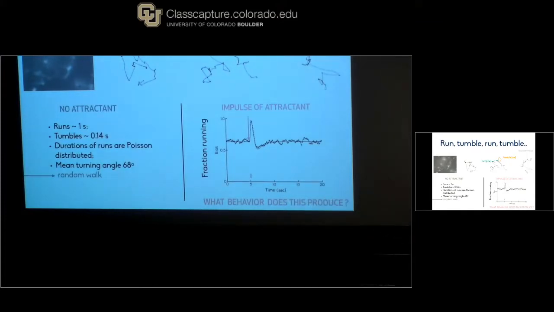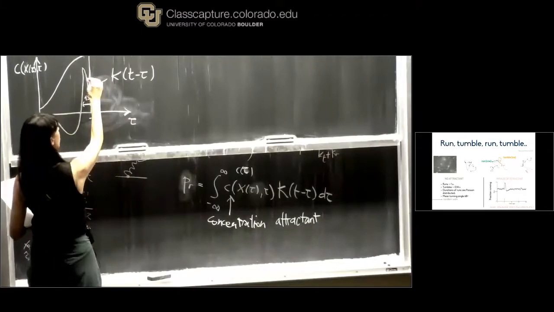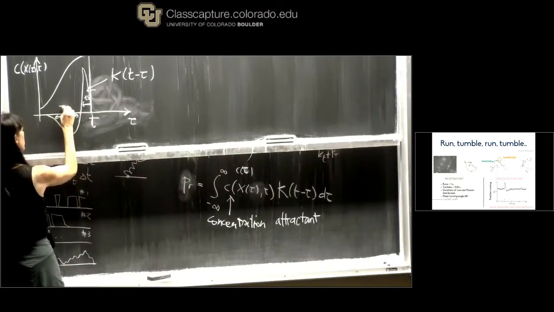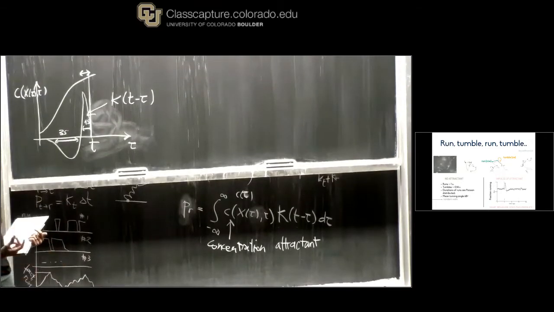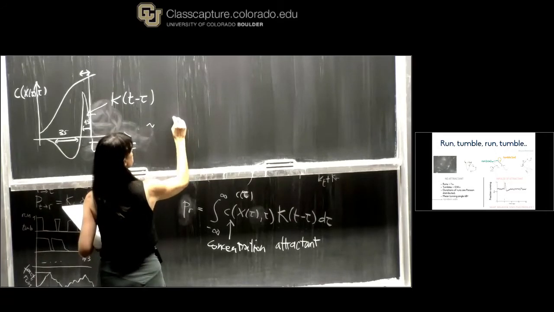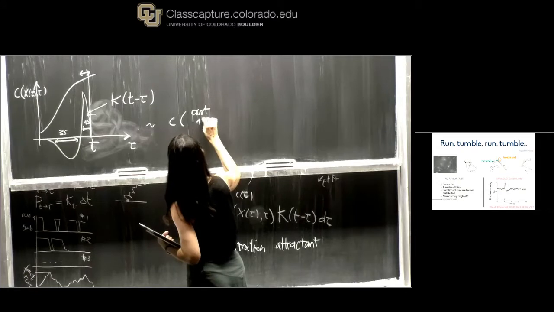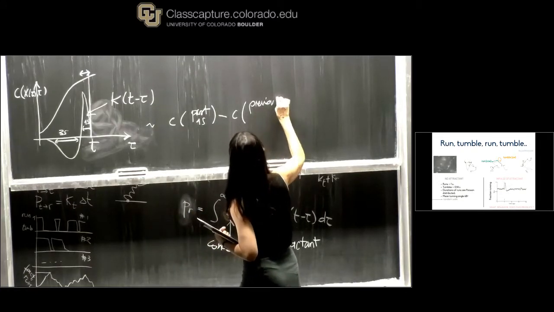So a bacterium will respond to the difference between what it got in the past second and what it got in the previous 3 seconds. So you can approximate this convolution as C of past 1 second minus C of previous 3 seconds.